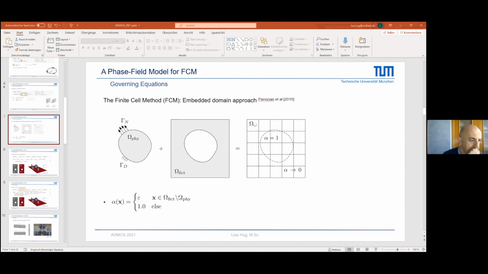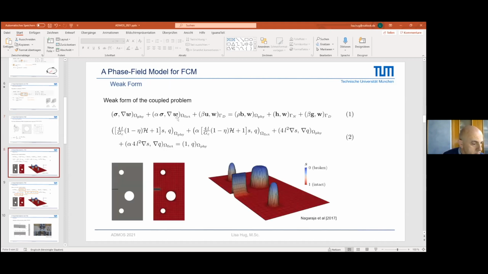And our actual geometry we recover during the integration with the help of an indicator function alpha, which is close to 0 in our fictitious domain and is 1 in our physical domain. If we look at the weak form of our coupled problem, we can see that the contributions of our fictitious domain are multiplied with our indicator function alpha, which is close to 0, and thereby eliminated.